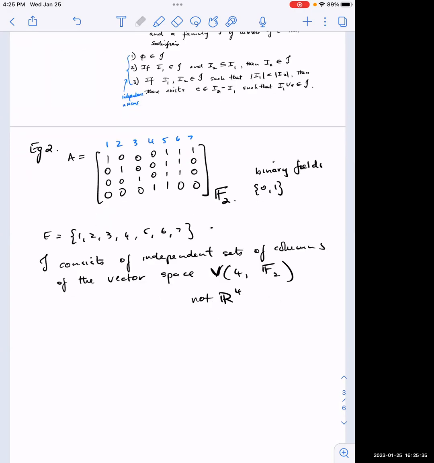So let's look at what the independent sets of columns would be over here. So what would it be? The empty set is independent always by definition. The singletons here, they're independent. There's no column of zeros. That would be something that's not independent. Then all pairs of columns, if you check, except 1, 7.